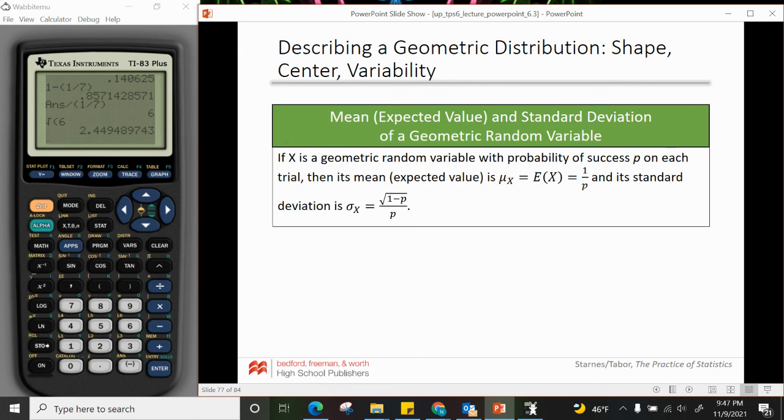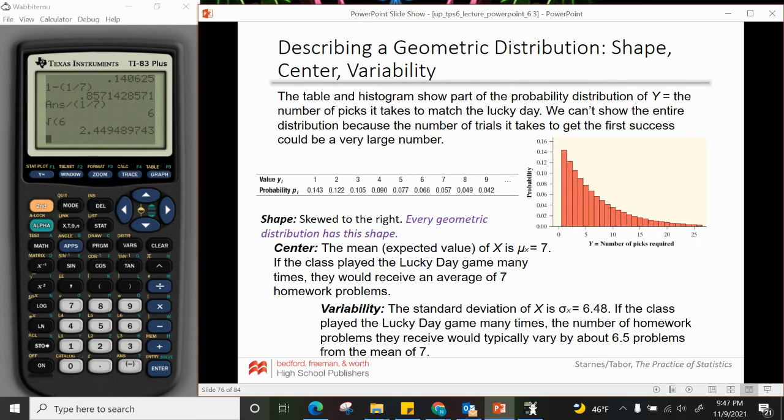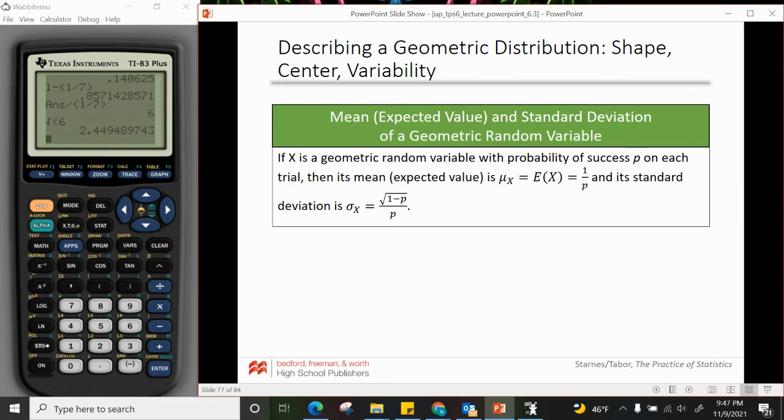Interesting. I think I might have had it wrong on the first problem here. This is the formula, just so we're all clear.